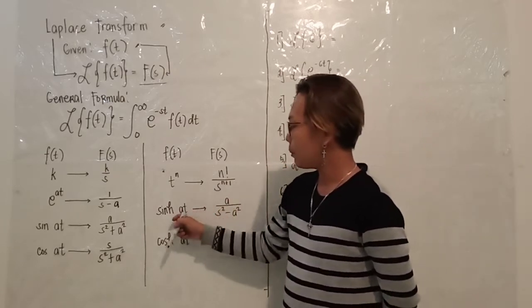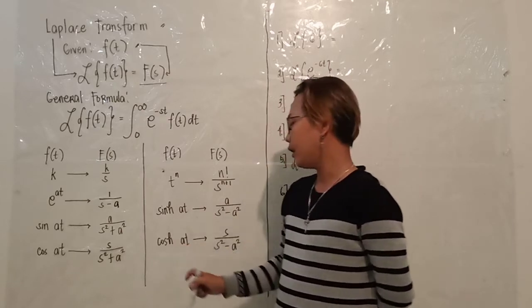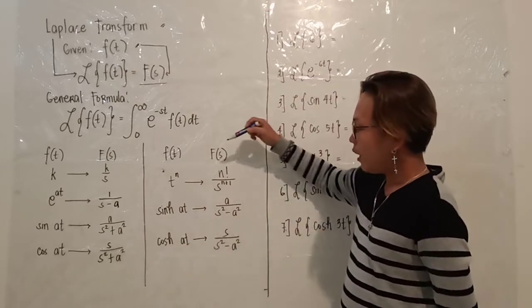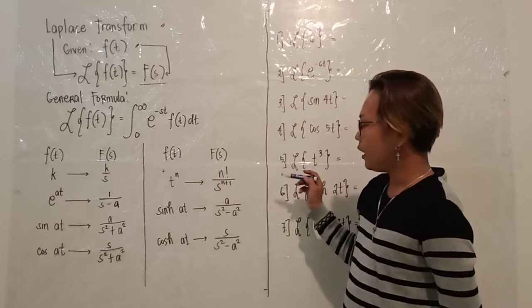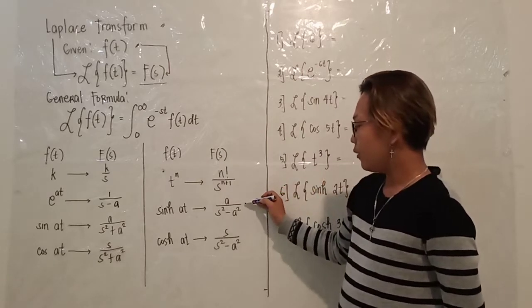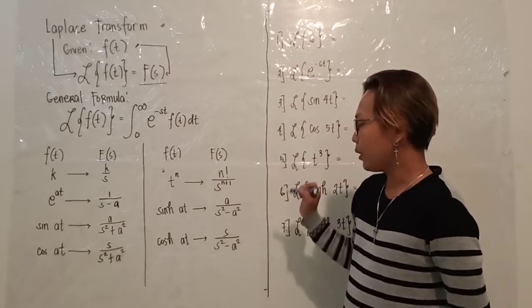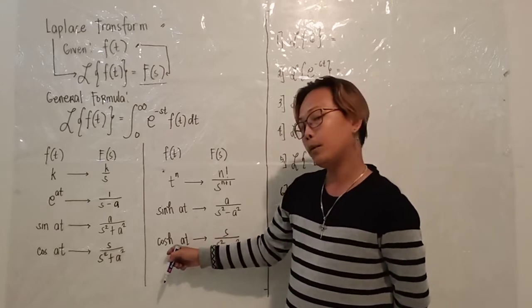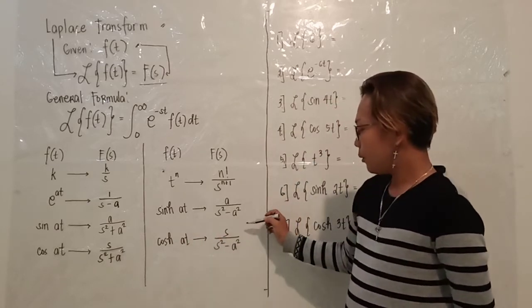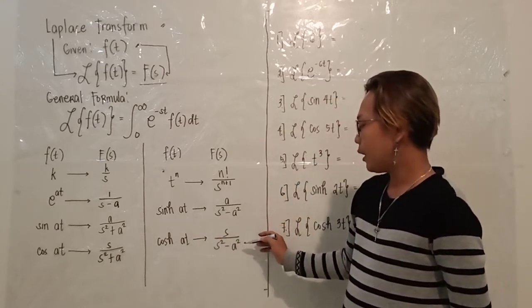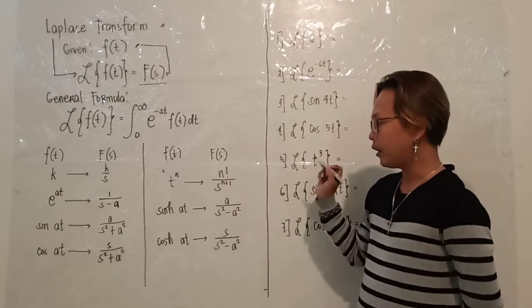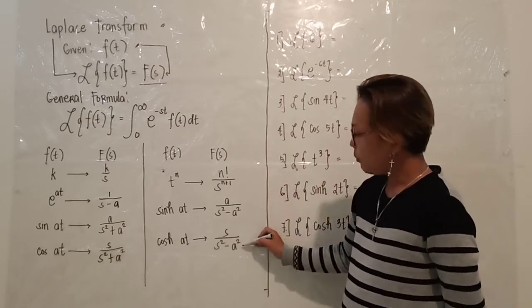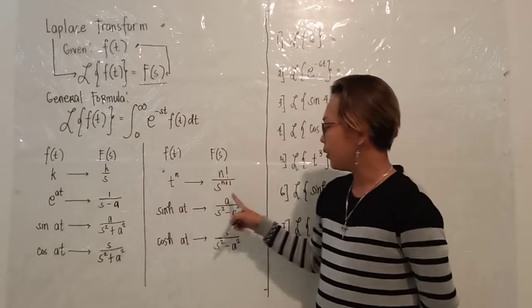Then pagdating sa hyperbolic sine and cosine, you will have hyperbolic sine of at, that is a over s squared minus a squared. Pagdating sa hyperbolic cosine of at, you will have s over s squared minus a squared. And then, they have the same denominator. Pagdating sa sine, you will have a.